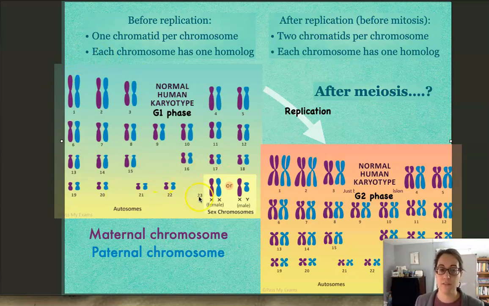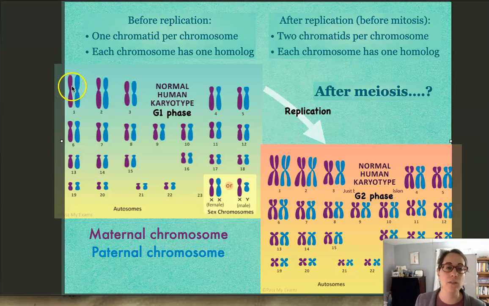And we see here, this is the fictional or cartoon karyotype or layout of chromosomes for a human. So we have our 23 different chromosomes. There are different genes on all the different chromosomes.